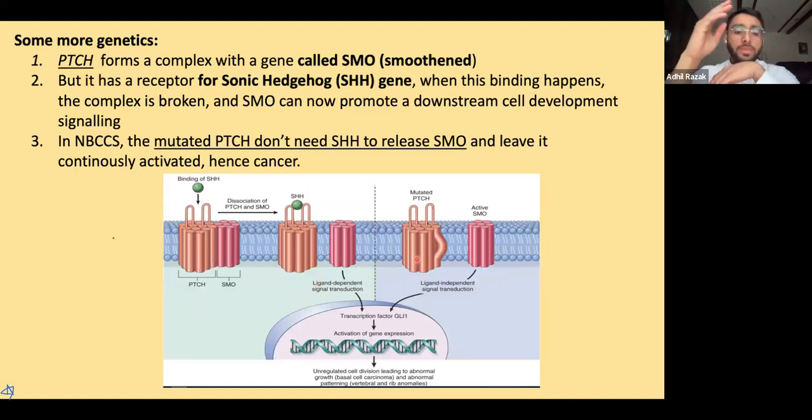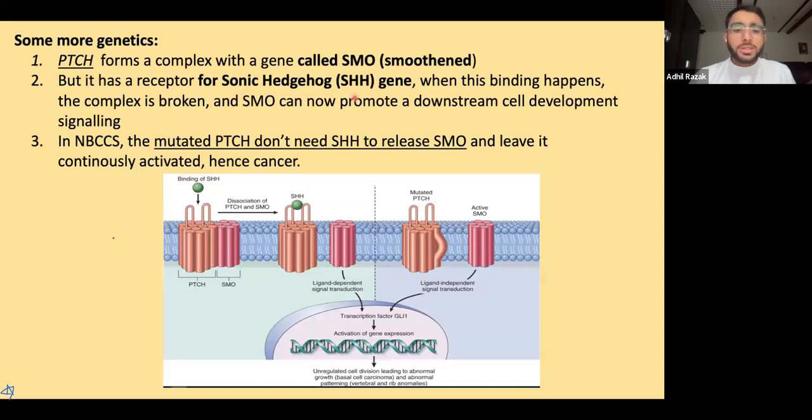Anyways, so we have PTCH that we discussed for basal cell carcinoma. It forms a complex with a gene called SMO, or smoothened. Imagine this as a very stable family, a couple, but it has a receptor for the sonic hedgehog gene, which binds to PTCH and results in the breakage of the complex between PTCH and SMO.